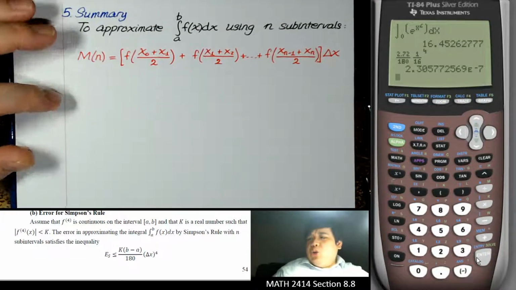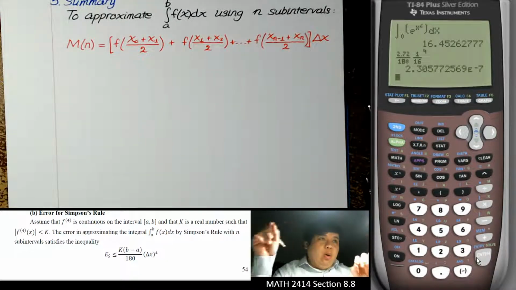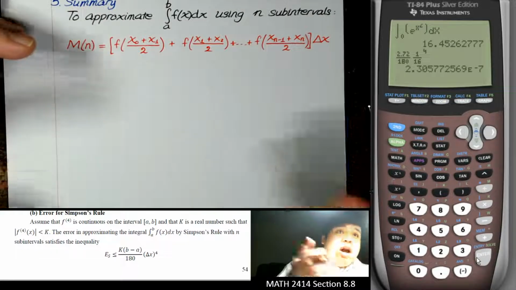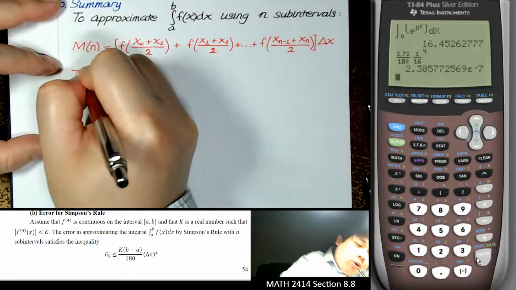Of course, usually for the midpoint rule, it's better to just draw a line and then find all the midpoints manually, unless we have like 100 points. That's a different story. Right, trapezoid rule.